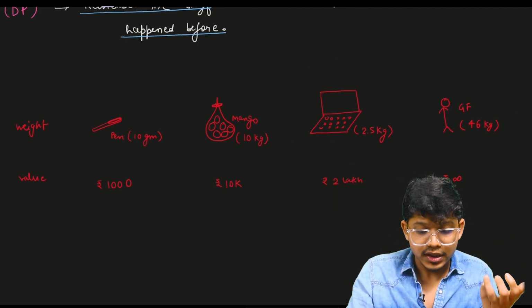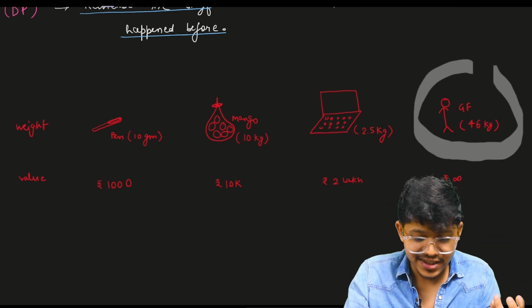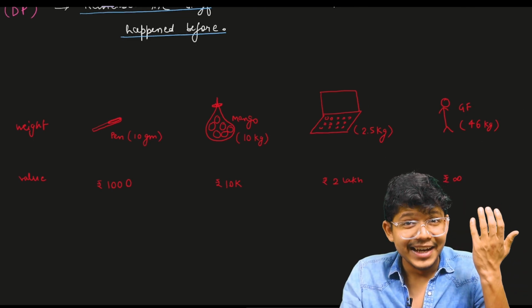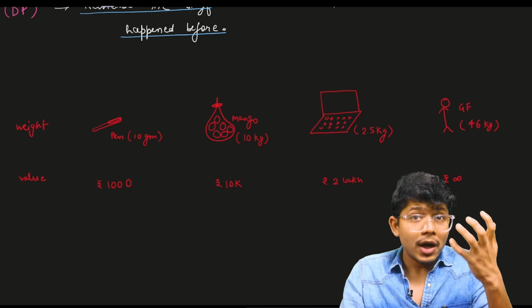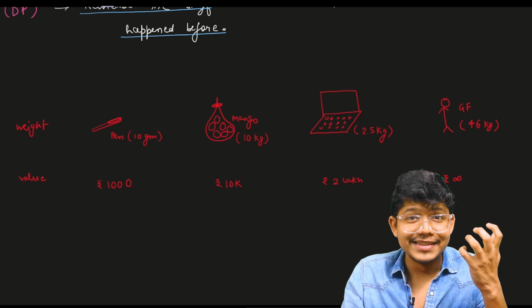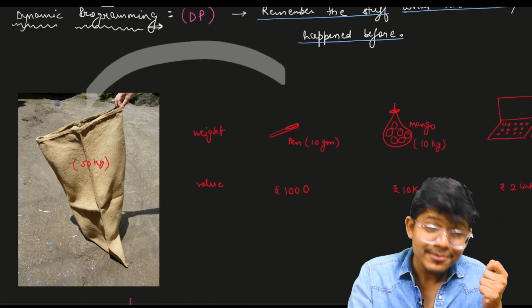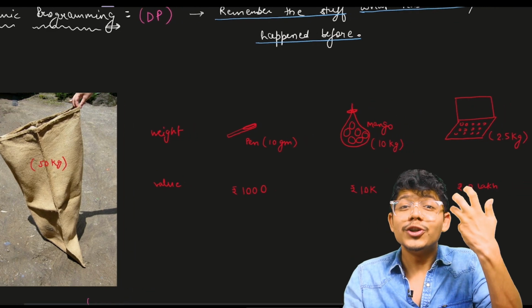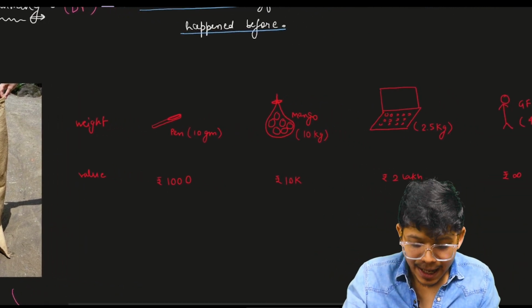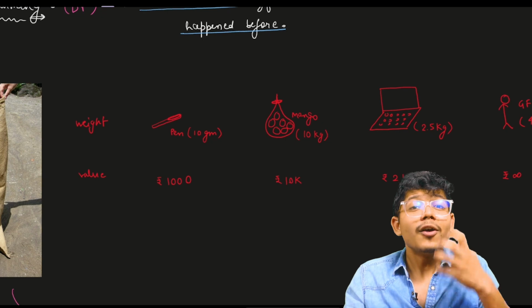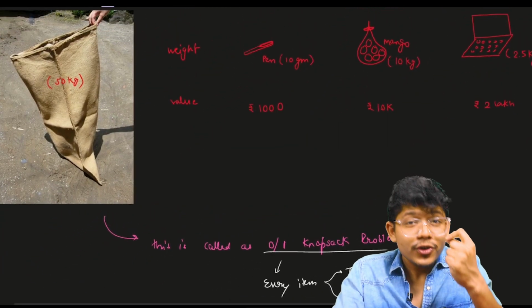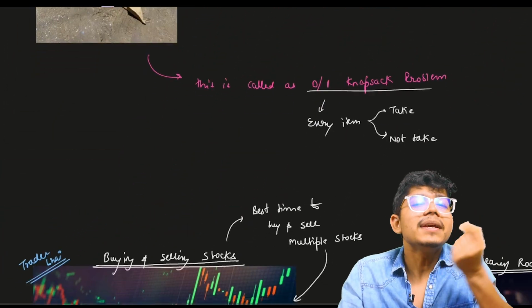I can choose it or refuse it. I have a GF of 46 kgs, whose amount I'll not say, I don't know. Now you have to put these items in your sack. I don't know what you will put in, but I will put laptop, mango and pen. But whatever you put in at every situation, you can memorize that, and thus DP comes into the picture.